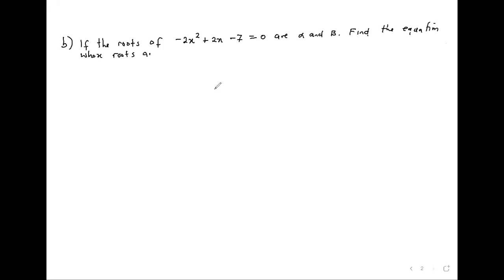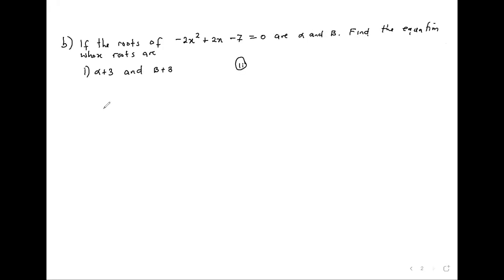B. If the roots of -2x squared plus 2x minus 7 is equal to 0 are alpha and beta, find the equation whose roots are: 1. alpha plus 3 and beta plus 3. 2.